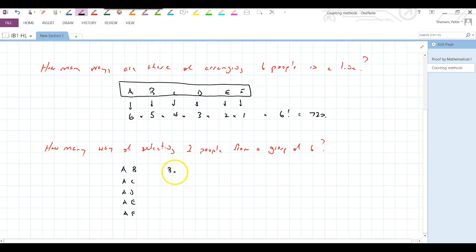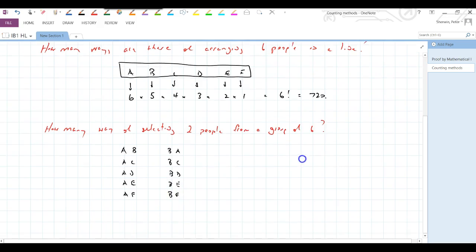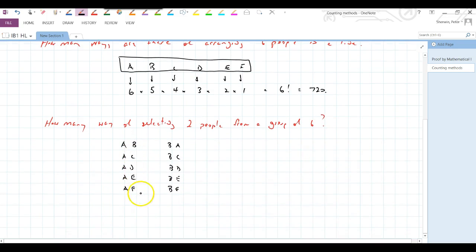If we kept going, B could be teamed with C, D, E or F, and in fact we've got 5 arrangements for each of the starting letters. So if we work that through, that's 6 by 5, which is 30.